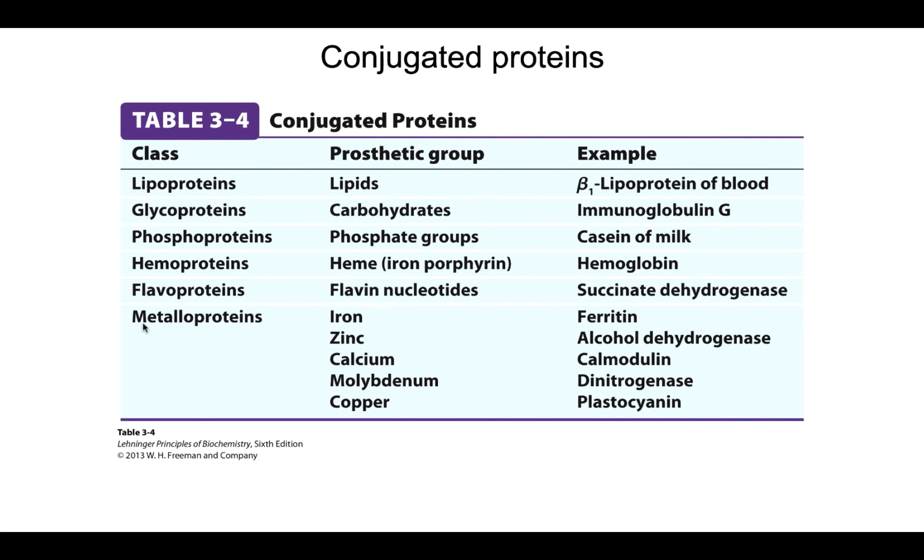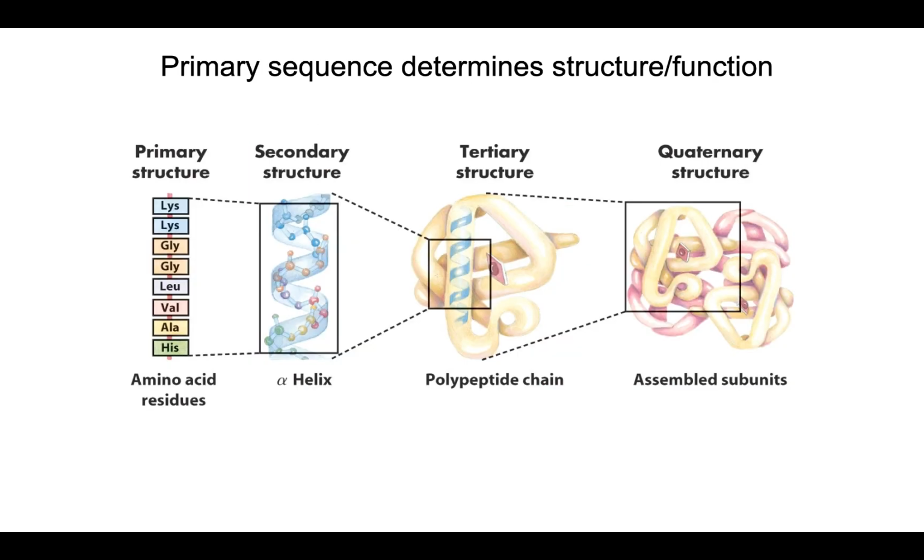And there is a whole bunch of metalloproteins that require various metal ions. And we're going to see some of these. We'll see succinate dehydrogenase. We'll see hemoglobin. We will see alcohol dehydrogenase. And so you'll see examples of various conjugated proteins, proteins with non-amino acid stuff connected to them.